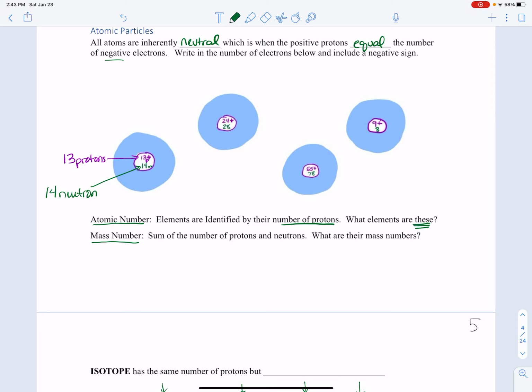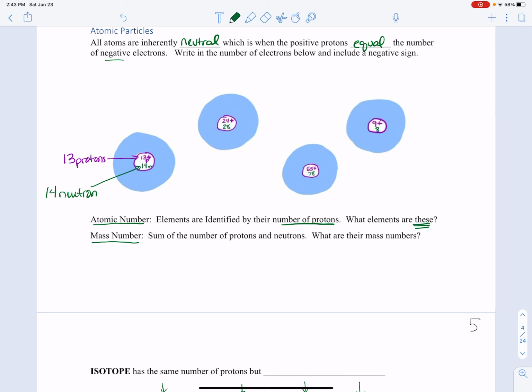I happen to have a periodic chart saved over here. I'm going to bring it over. And right where we are, we need something that has 13 protons, so we're looking for a big number that's 13. On other periodic charts, you will see different numbers.